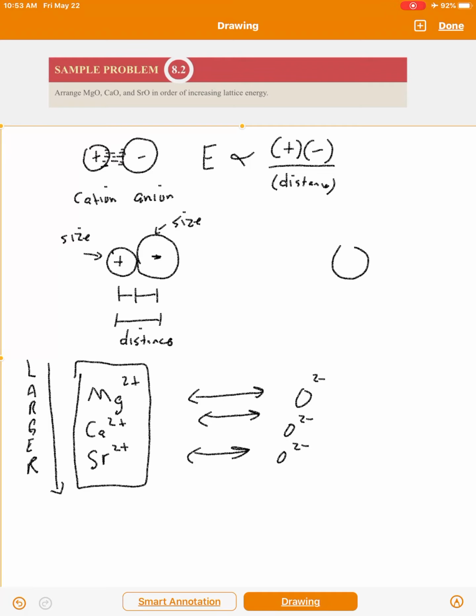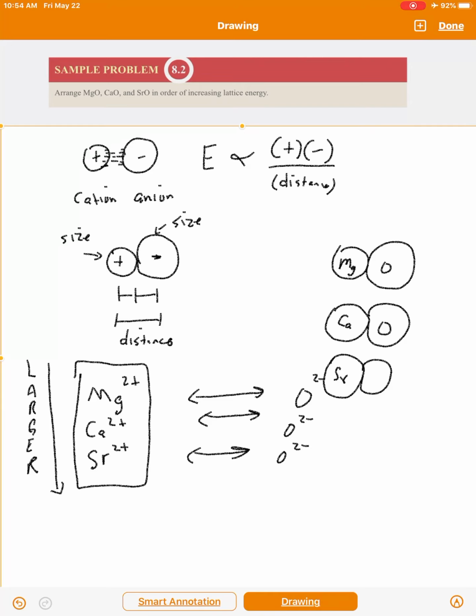The magnesium ion might look like this, and then the oxide ion might look like this. The calcium ion would look bigger, and the oxide ion would be the same. And then the strontium would be even bigger than the calcium, and the oxide again would be the same, right? Oops, I'm not drawing the oxide the same.